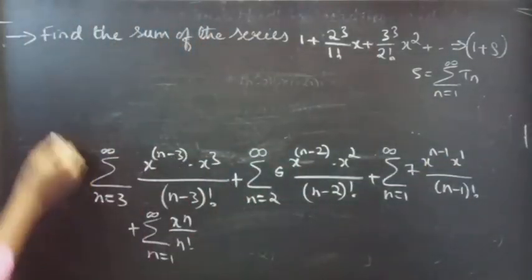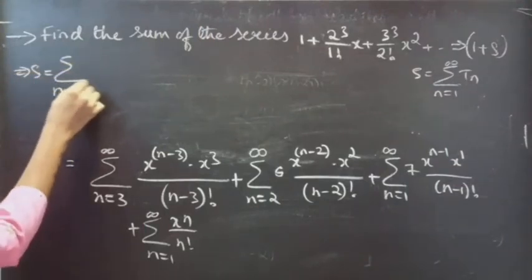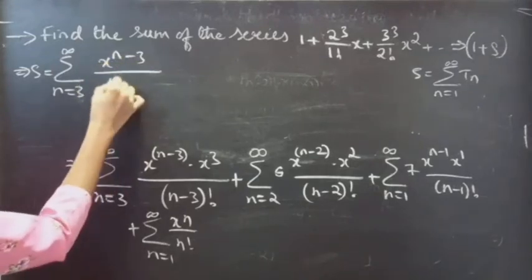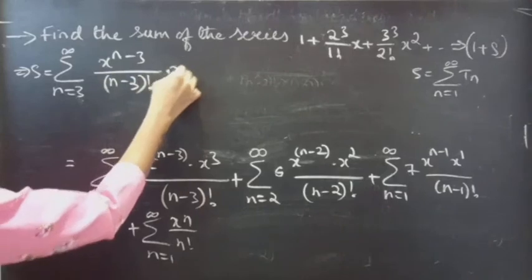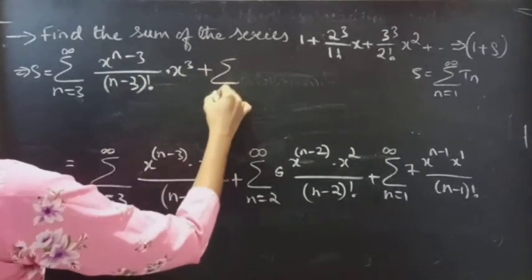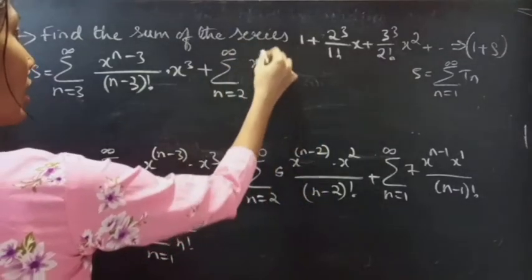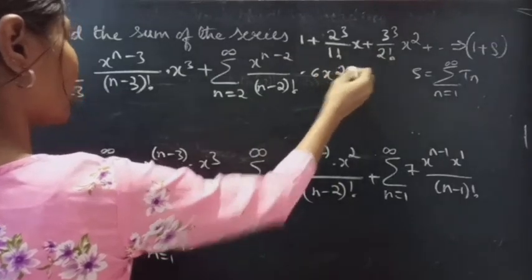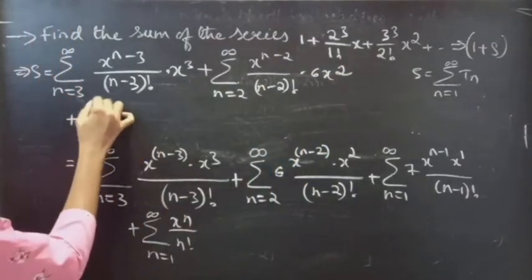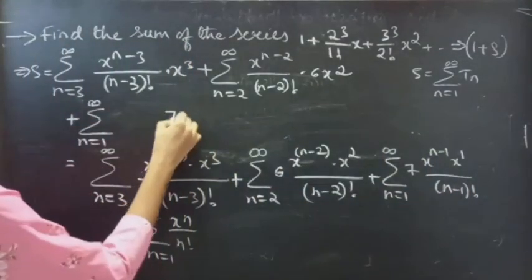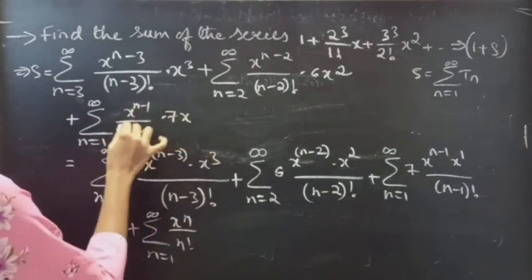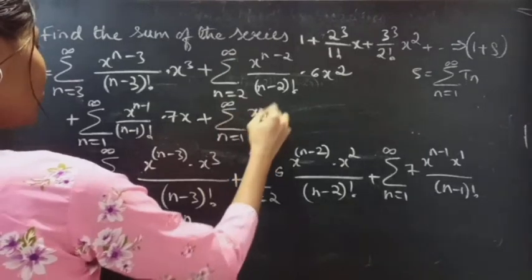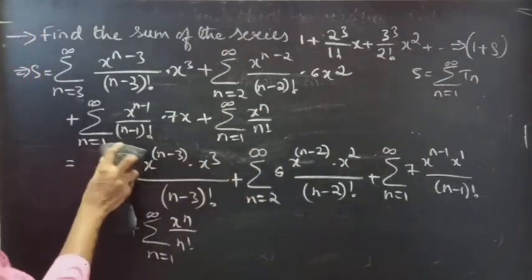Then S becomes summation n equals 3 to infinity x power n minus 3 by n minus 3 factorial into x cube plus summation n equals 2 to infinity x power n minus 2 by n minus 2 factorial into 6 into x square plus summation n equals 1 to infinity 7 into x into x power n minus 1 by n minus 1 factorial plus fourth term as it is, summation n equals 1 to infinity x power n by n factorial.